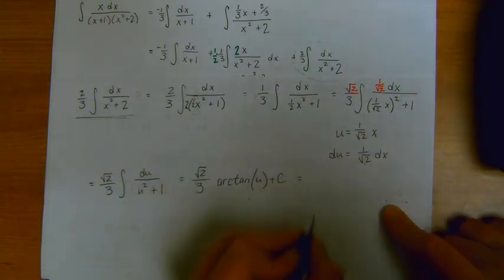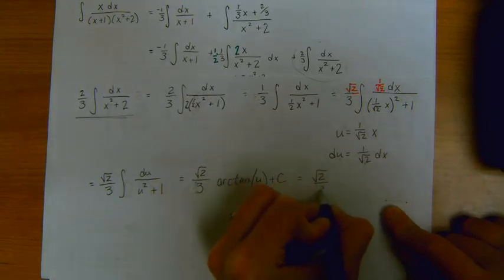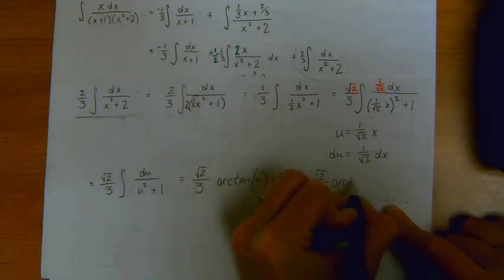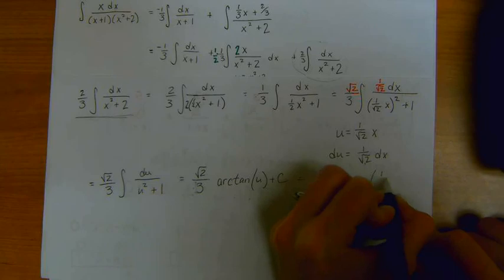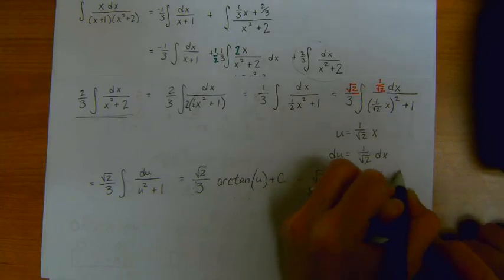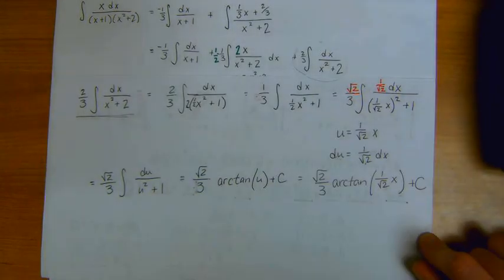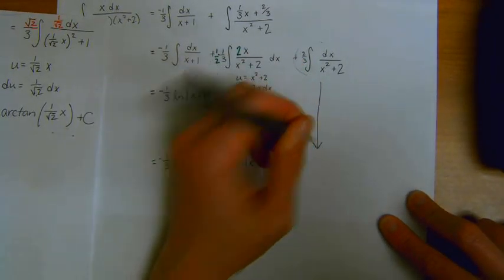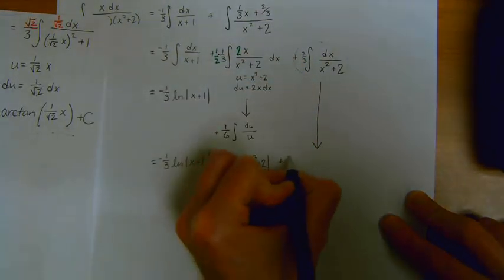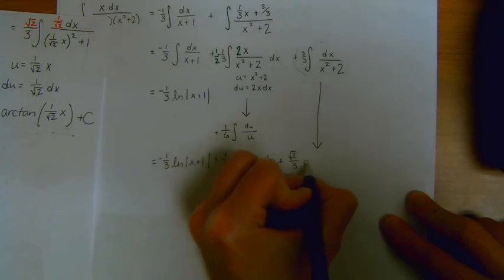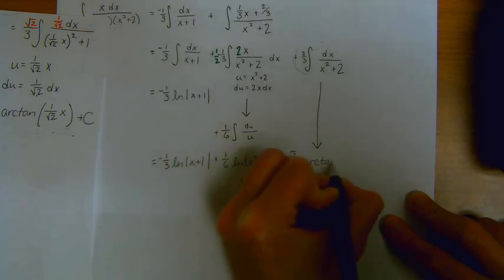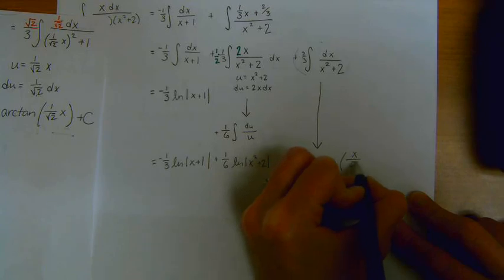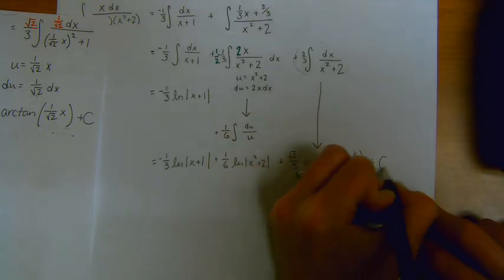And recall what our u is. This becomes square root of 2 over 3 arctan of 1 over square root of 2 times x plus c. Phew! So that means this final integral down here becomes plus square root of 2 over 3 times the arctangent of x over square root 2 plus c.